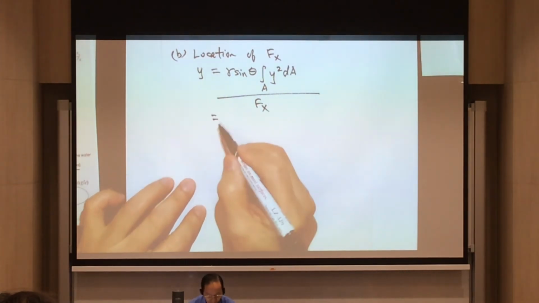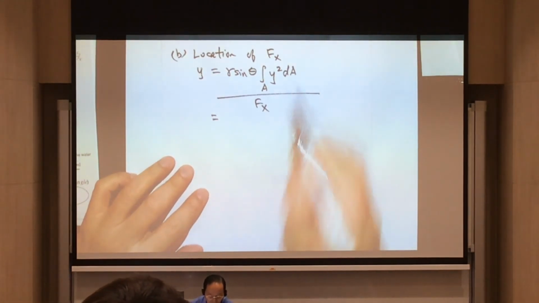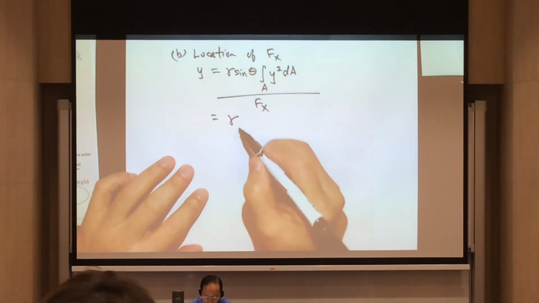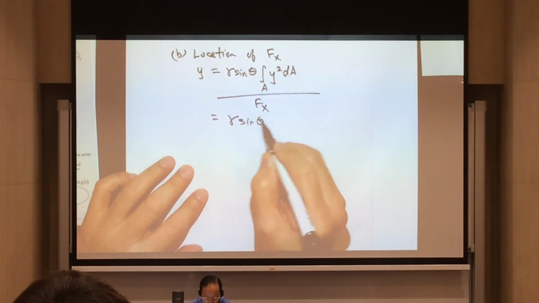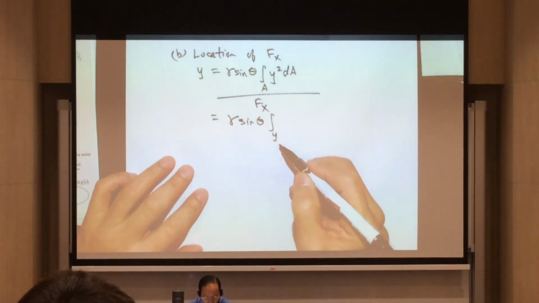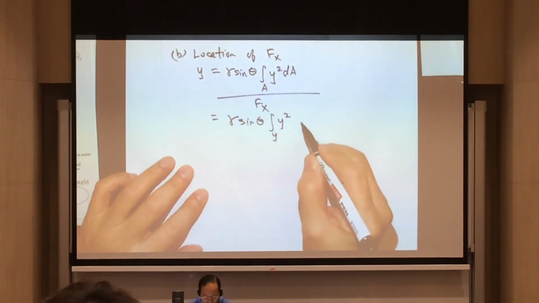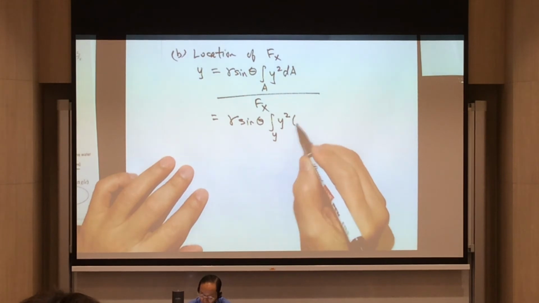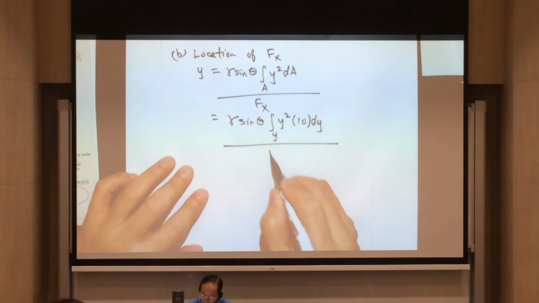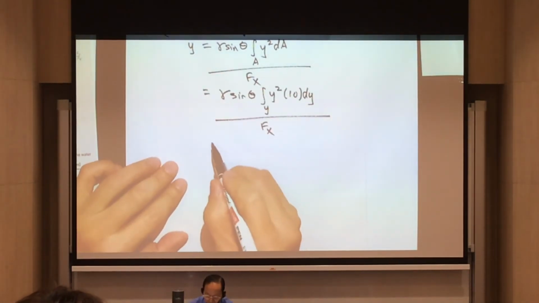Again, in the same way, we're going to convert this dA into the length times dy. So that will give us gamma sine theta, integrate across y, the y squared times the length of the sheet times dy, over Fx.